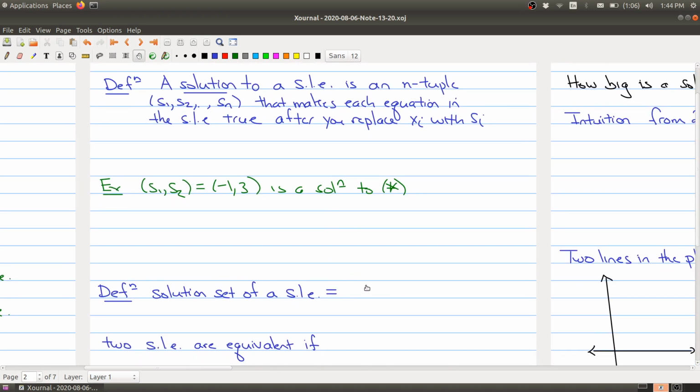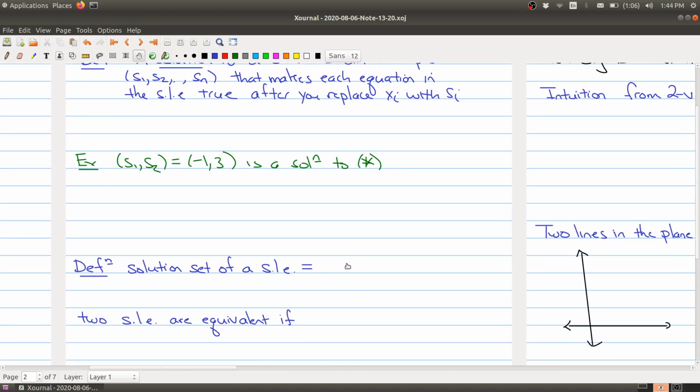And so we can talk about the solution set of a system of linear equations. A solution set is going to be the set of all solutions, right? So the set of all solutions to a system of linear equations. So you're given a system of linear equations, and you want to know what are all the solutions to that system.